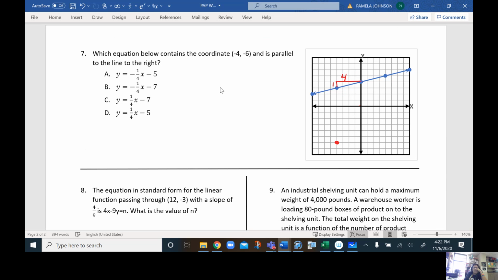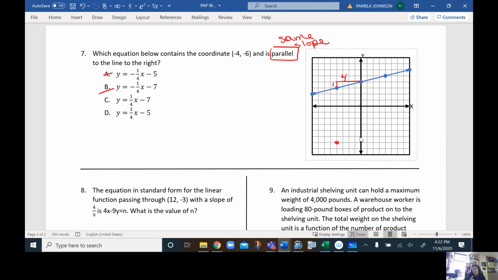Okay. Remember, parallel means they have the same slope. Sorry. My tablet's having some issues now. All right. So same slope. It has to have that 1/4 slope. That gets rid of A and B. Okay.